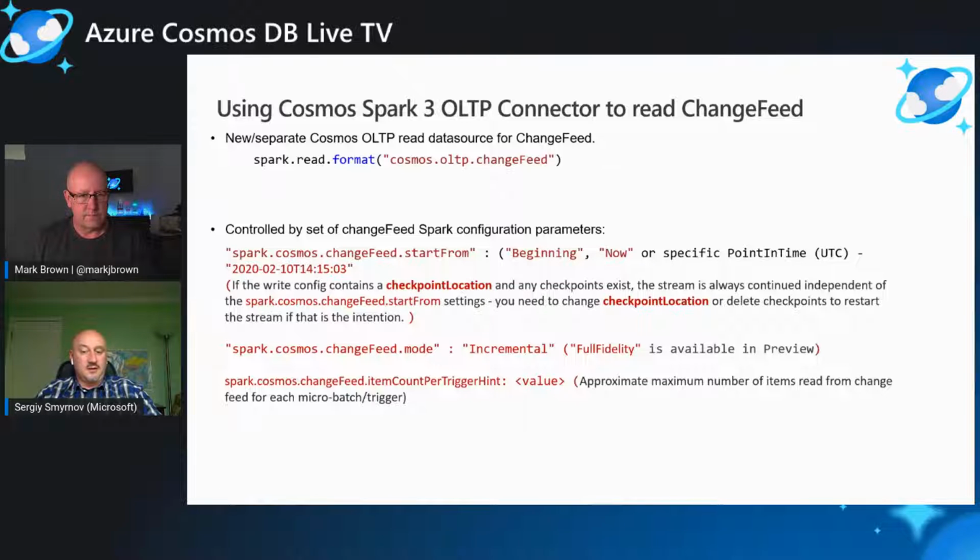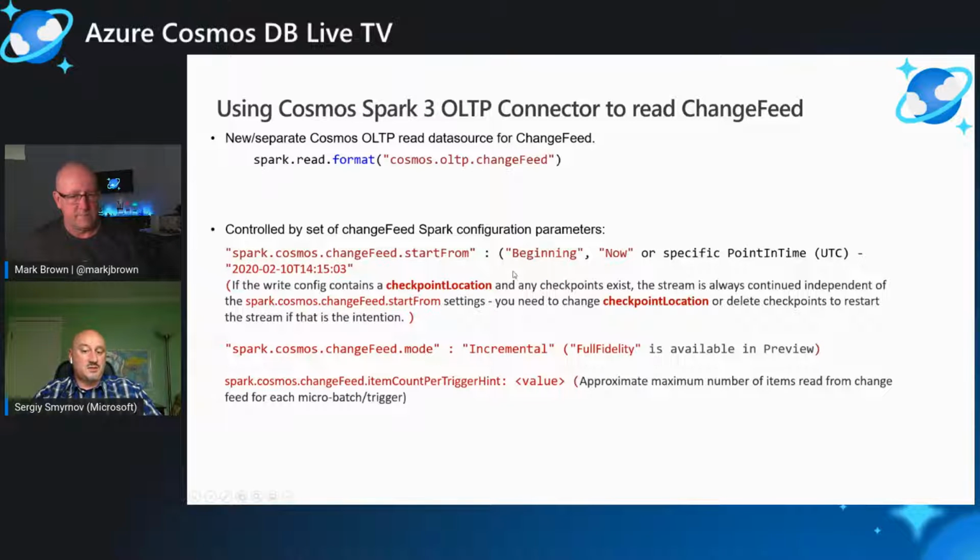Another interesting feature, and this is where there's a little differentiation, is the new Cosmos Spark OLTP connector to read change feed. As I mentioned earlier, we have a separate read data source now, Cosmos OLTP change feed with the Spark 3.0 OLTP connector, and it's controlled by a set of change feed Spark parameters. First one is Cosmos change feed start from.